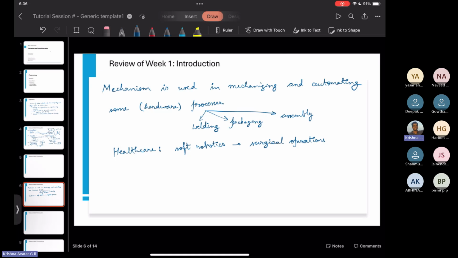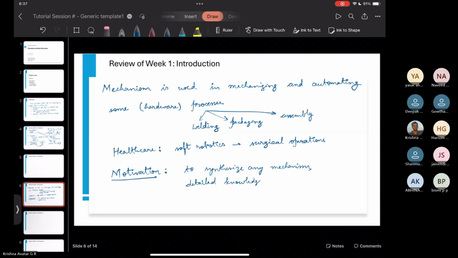And now, why do we need to study mechanisms? The thing is, to synthesize any such mechanism we need to have detailed knowledge of the kinematics of the mechanism that we want to assemble, so to speak.